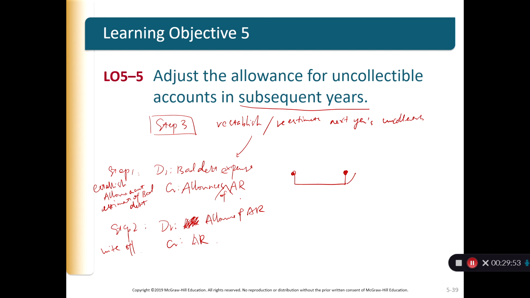Step 3, go back and think about it again. Year one is establishing how much is uncollectible. Step two, what actually happened. Step three is to figure out what next year is. Year two, year three. Okay?